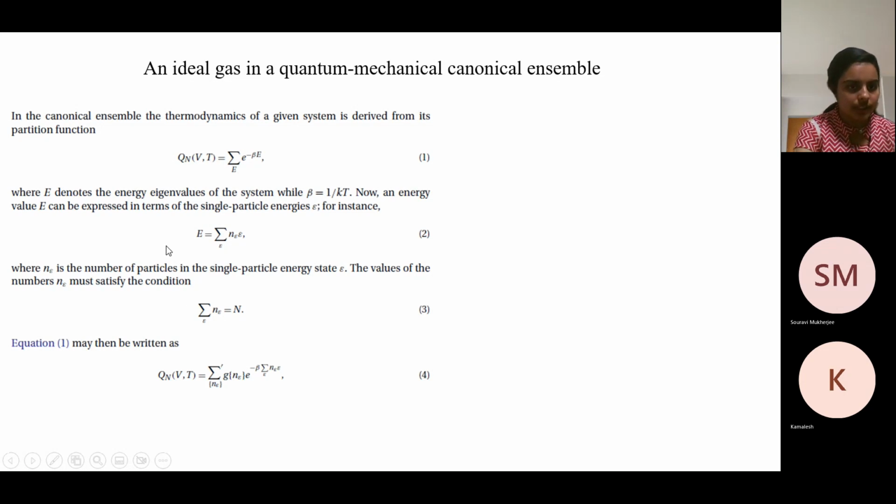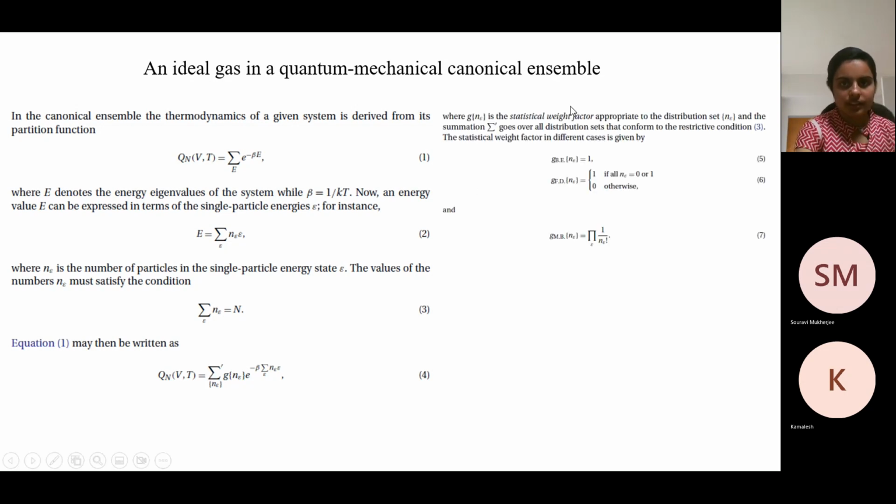So now if you use this relation, you can write it with the, so here g(N,E) is actually the weight factor. It's the statistical weight factor for this distribution, and then if you use that, you can write this as the canonical partition function. So this is the statistical weight factor for the particular distribution set N, E.